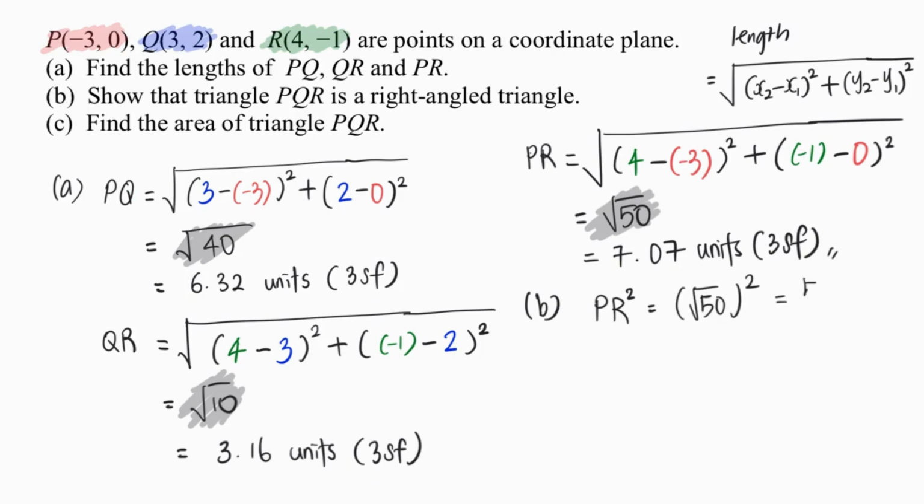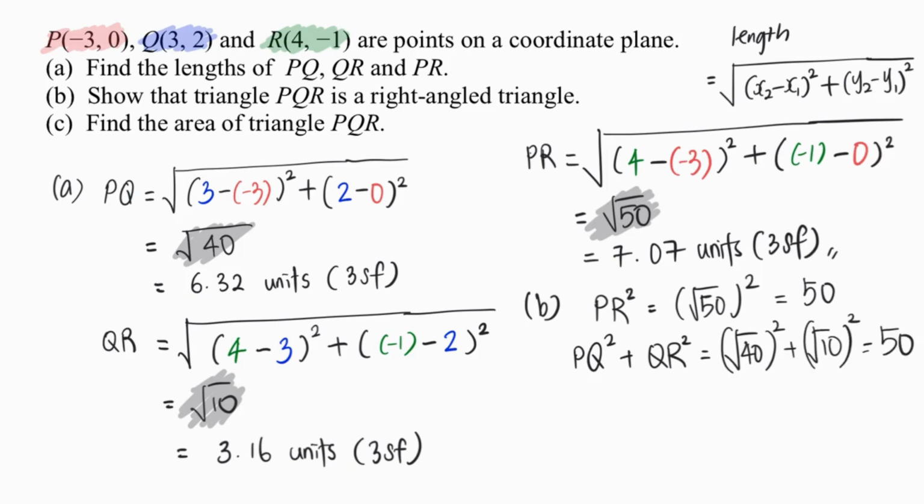This one is equals to 50. I also saw that PQ square plus QR square is square root 40 square plus square root 10 square, which also gives me the same 50.